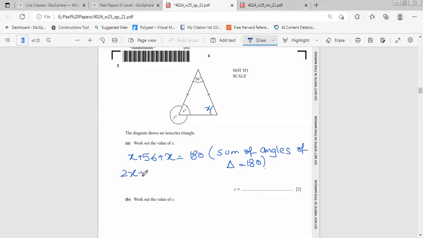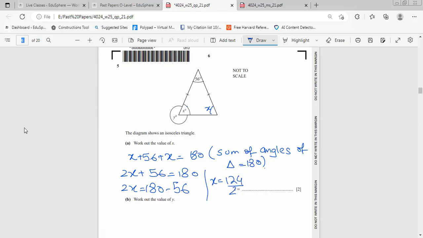So it will be 2x plus 56 equals 180. Let me shift: 180 minus 56. Again, you can use a calculator for this purpose. So we are going to subtract 180 minus 56. I have 124, and x is equal to 124 divided by 2.